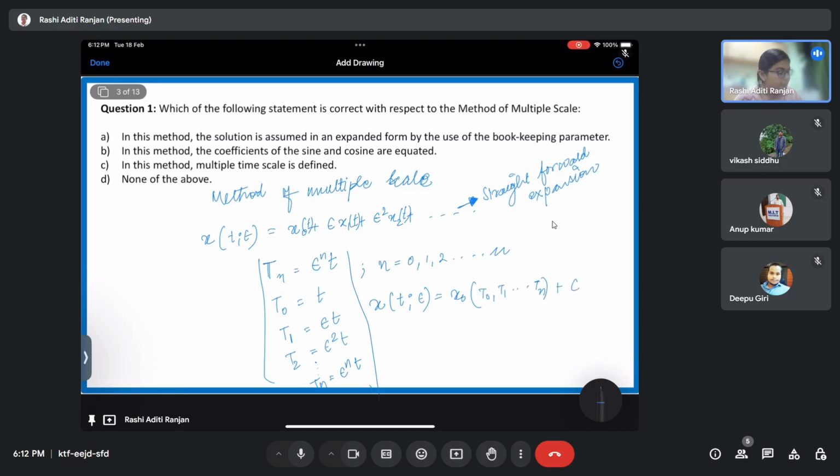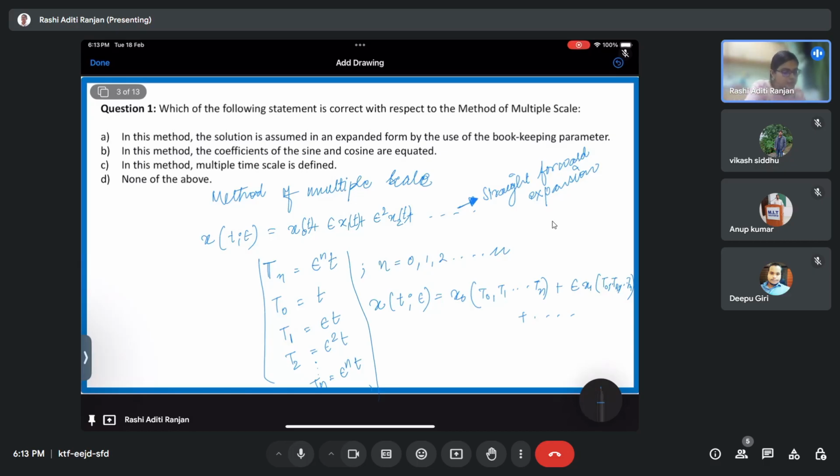Then here also x1 is going to be a function of T0, T1 dot till Tn, plus till the nth order, or whichever order I want to consider for the expansion of x. For time we have considered n, but for x it is in our own hands till what nonlinearity we want to add in our equation so as to get the accurate solution. Okay, so this is what it is.